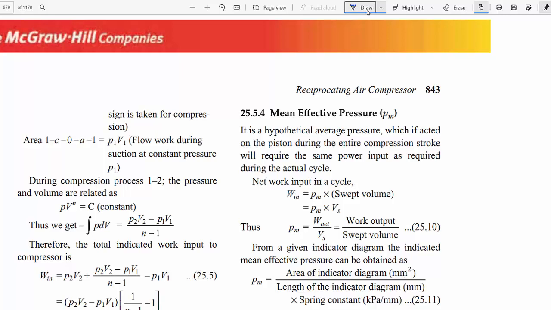This is the common formula for compression work. So memorize this formula: for polytropic or isentropic compression work, it is P2 V2 minus P1 V1 divided by n minus 1. This was already studied in thermal science in the first unit.